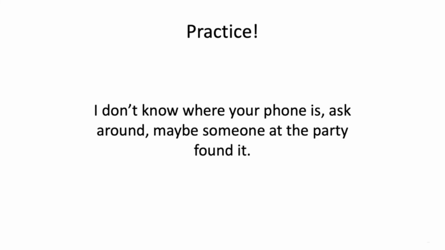I don't know where your phone is. Ask around. Maybe someone at the party found it. The phrasal verb in this sentence is ask around. This means to ask many people.